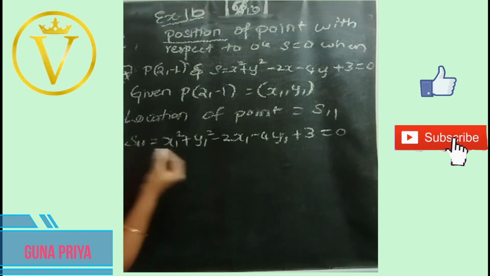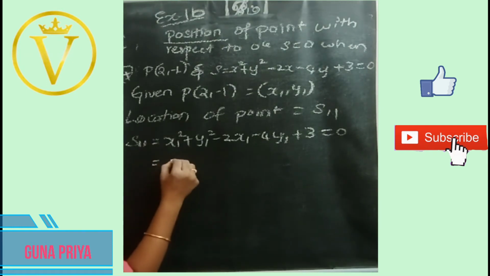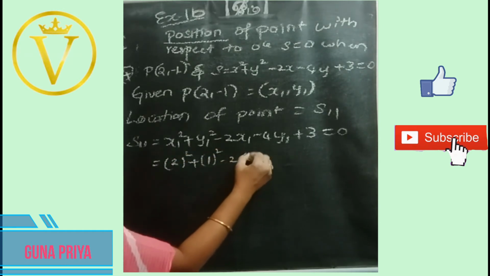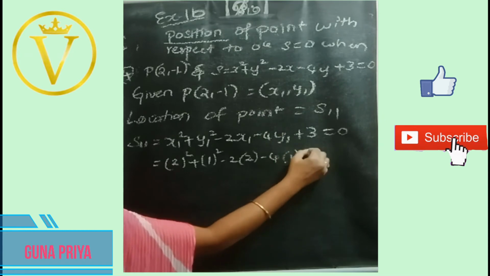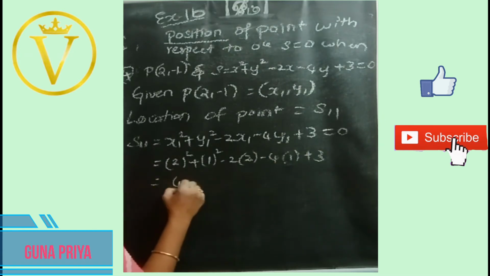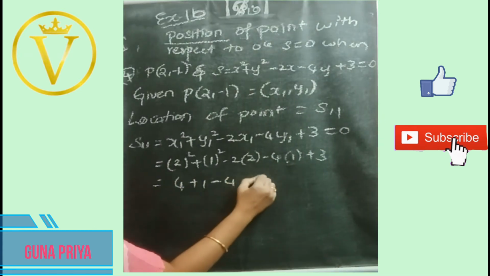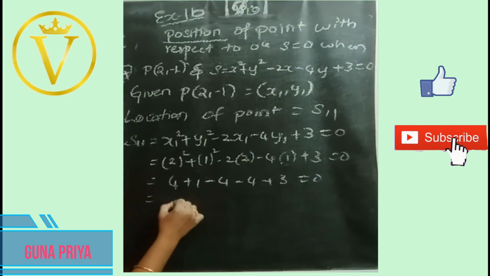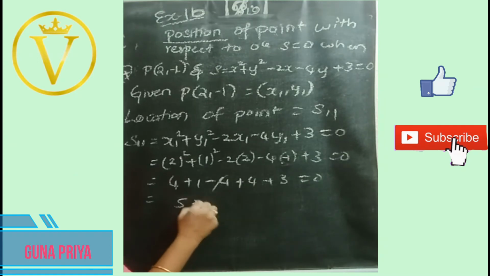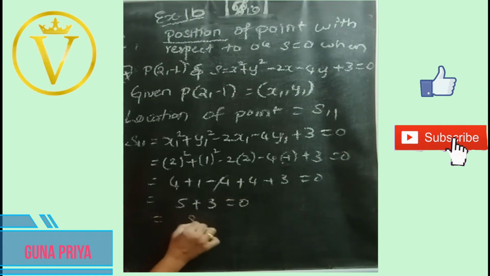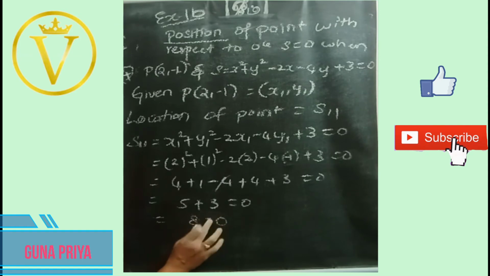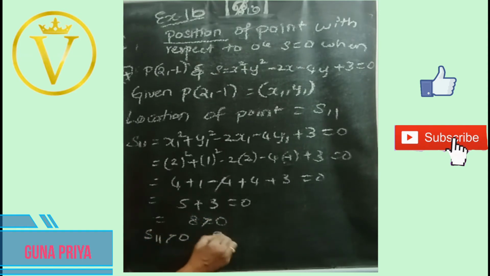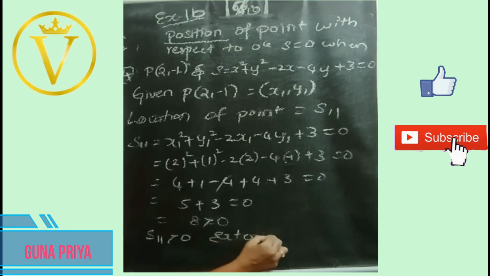Very simple. Now substitute the point: 2 whole square plus 1 whole square minus 2 into 2, 4 into 1 plus 3, 4 plus 1 minus 4 plus 3. So 5 plus 1, here 4 will get cancelled. So 8 is greater than 0, so S11 is greater than 0, which is exterior.